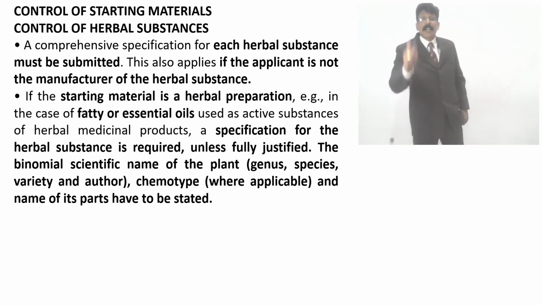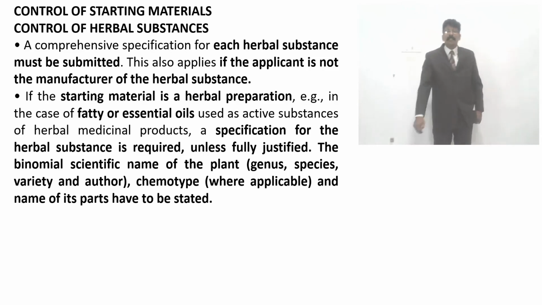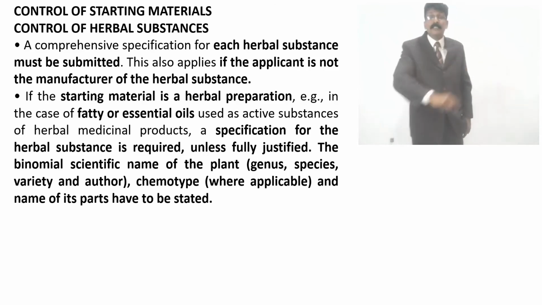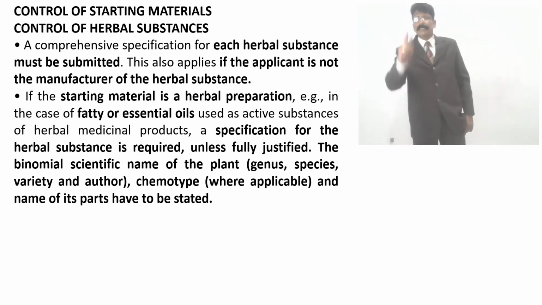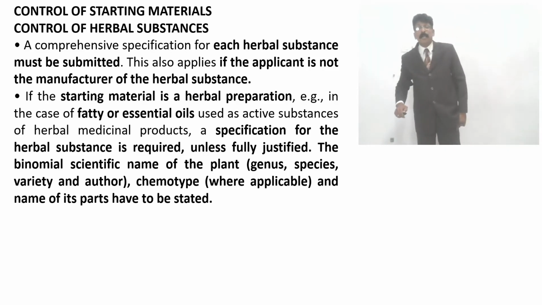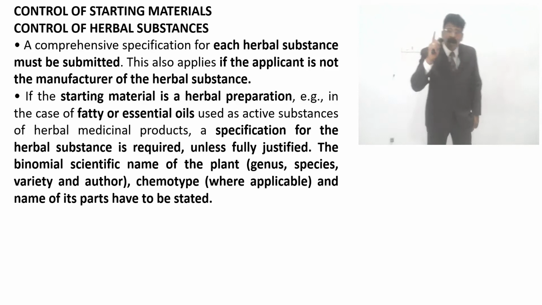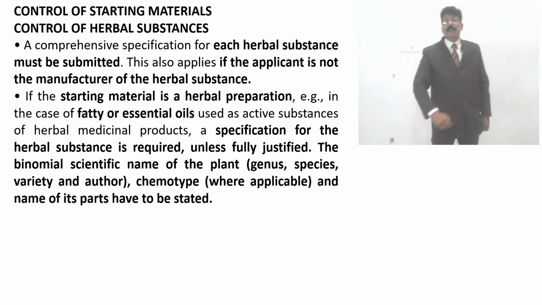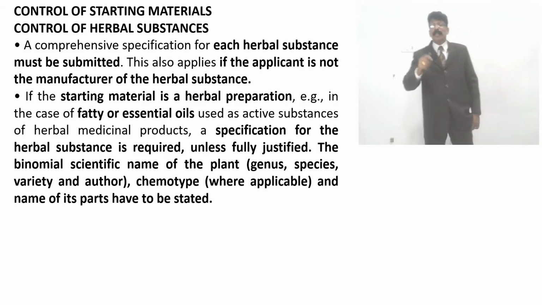The binomial scientific name of the plant, genus, species, variety and the author, and the chemotype where applicable, and the name of the part which you are using should also be stated. Whether you are using seed, fruit, leaf or stem, the starting material has to be specified very clearly.